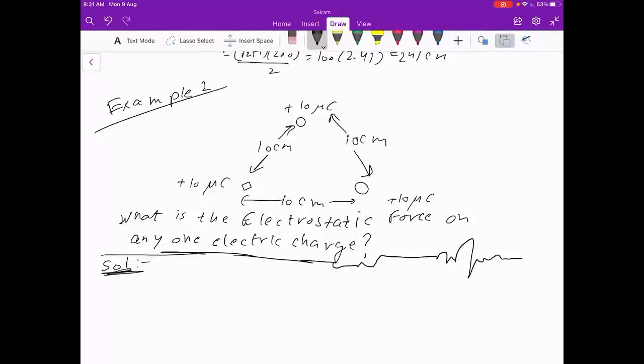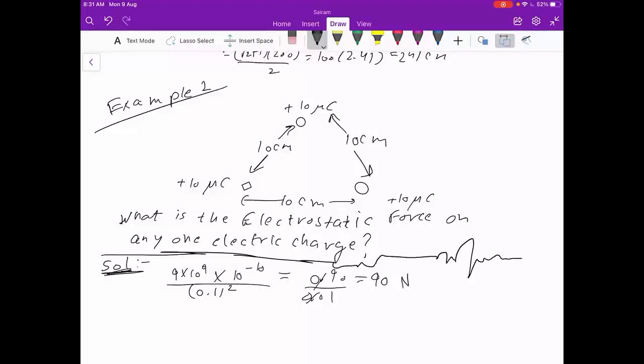Moving on to testing values: 9 into 10 to the power 9, into 10 to the power minus 10, by 0.1 square, is equal to 0.9 by 0.01, which is 90 Newton.